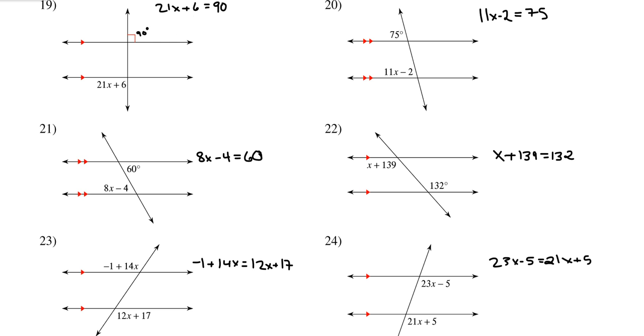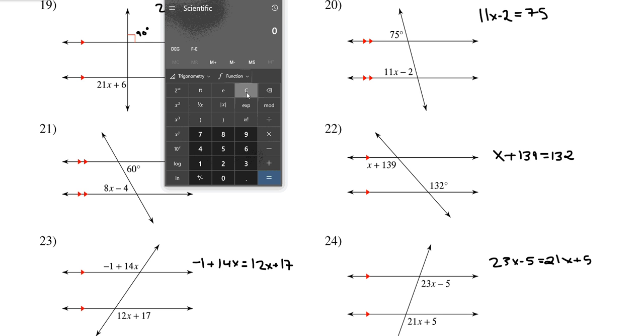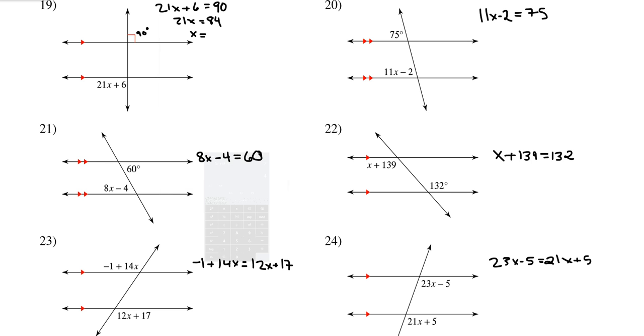All right, so here we go. Subtract out the 6 from both sides. You get 21x equals 84. Divide both sides by 21. 84 divided by 21 is 4. On this one, add 2 to both sides. 11x is 77.